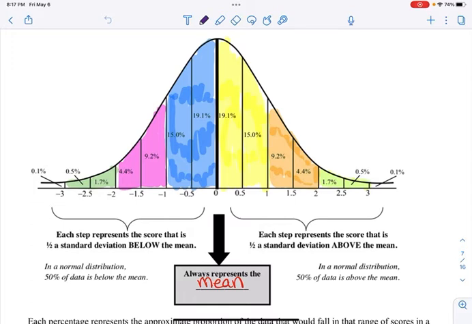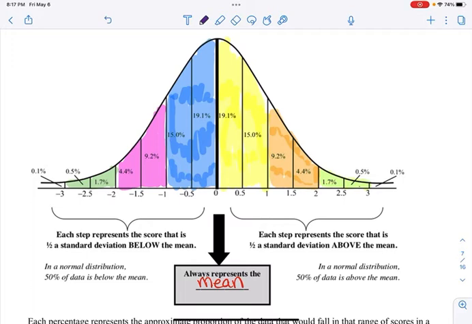So like the yellow is 1 standard deviation above the mean. The orange is a second standard deviation above the mean. And the two greens, there's not a lot of scores in them, but that's 3 standard deviations from the mean. And I have 0 in the middle. If I go to the left of 0, I have negative 0.5, negative 1.